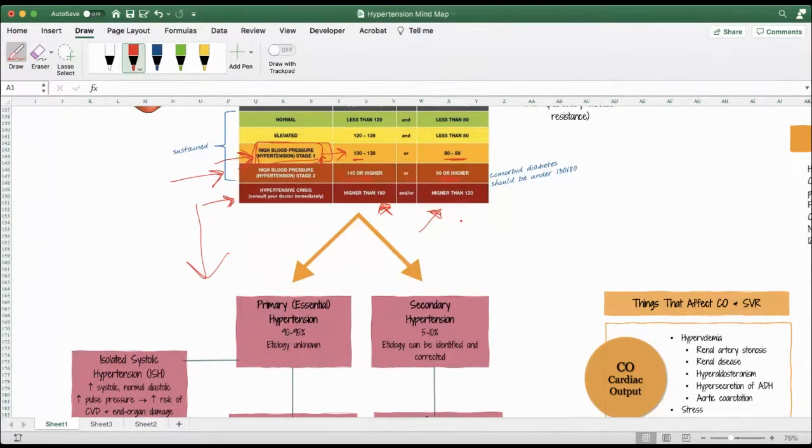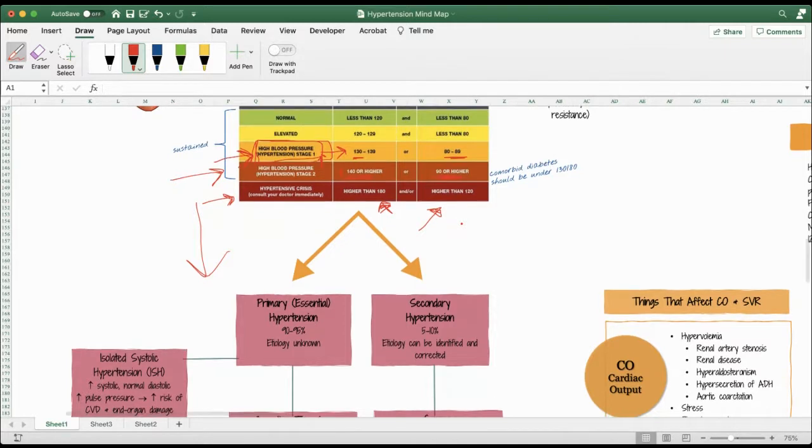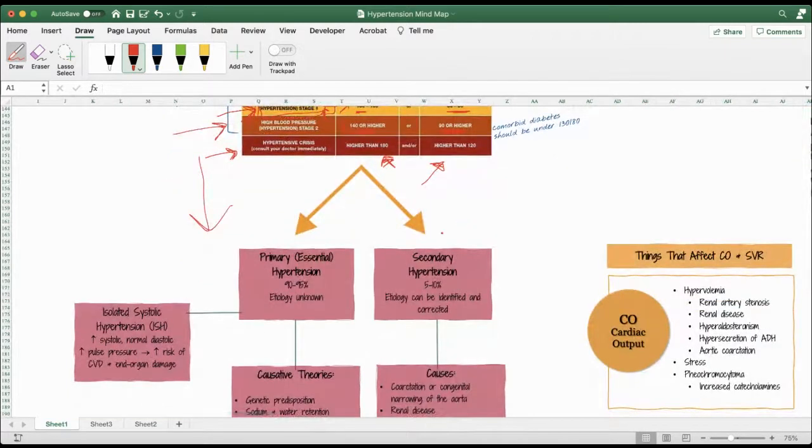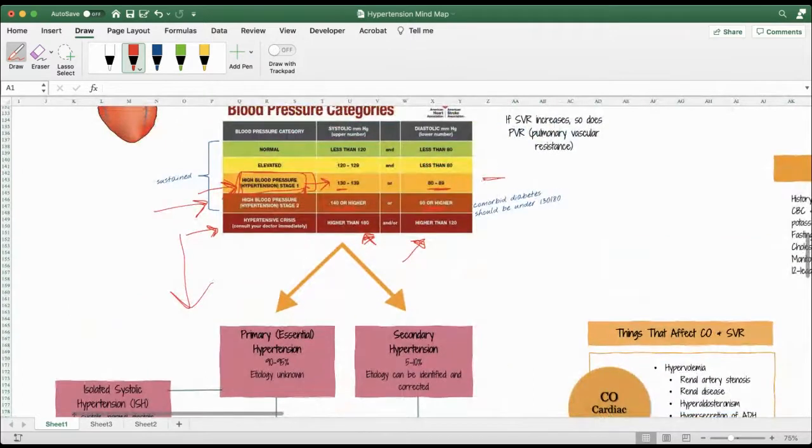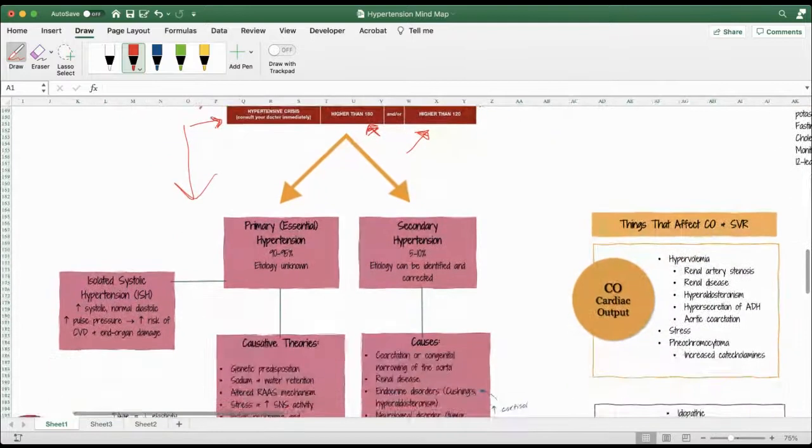To be honest, anytime we see a diastolic in the triple digits, like in 100, we're immediately concerned and we'll be keeping an eye on that. Sorry if you can hear that. But really the takeaway from this, 130 is hypertension now.